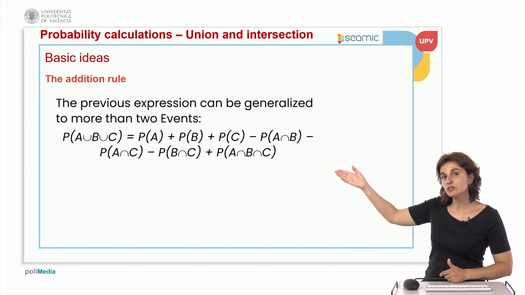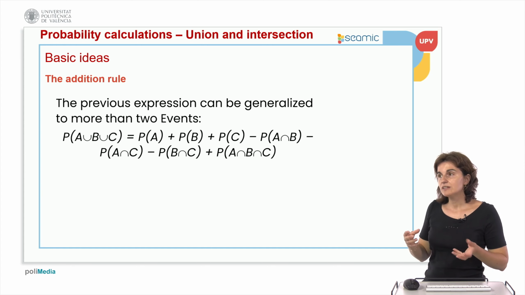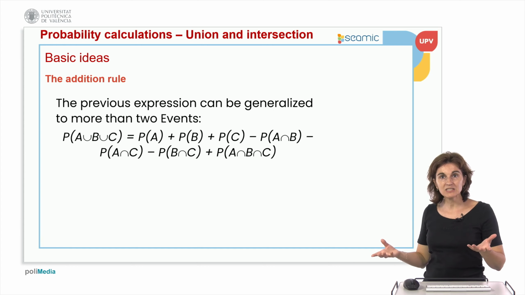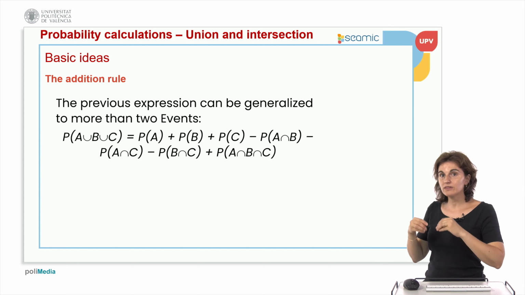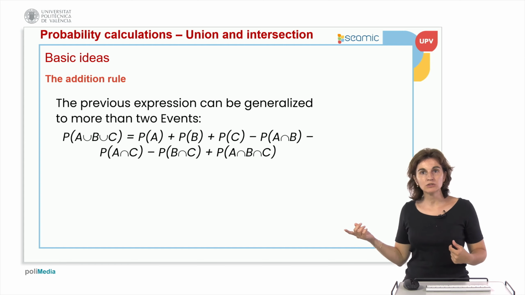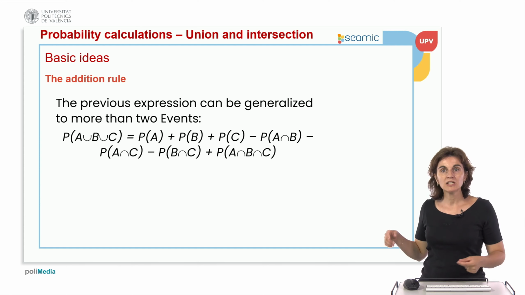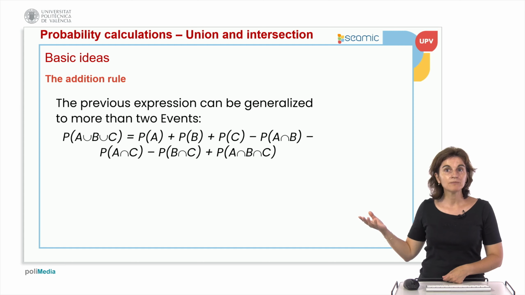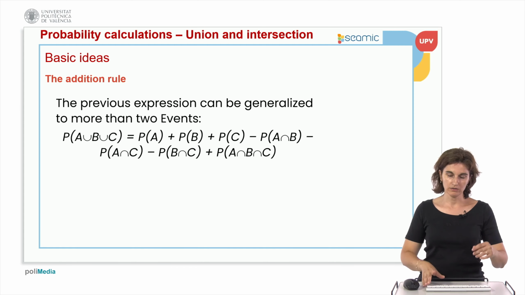And maybe here, as we are subtracting 3 times the double intersections, there is like an empty set in the middle of these 3 events, and this is why we need to add again the third order intersection between A, B, and C. But this is something that you don't need to reason on the day of the exam for the evaluations. These are standardized formulas that will be available in the formula sheet. And you just need to know when to apply one or another.